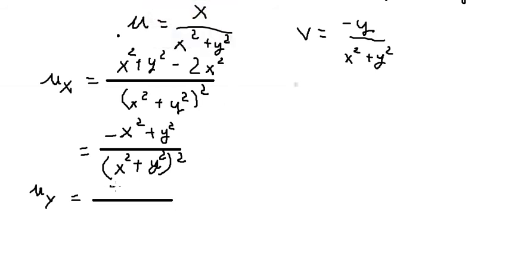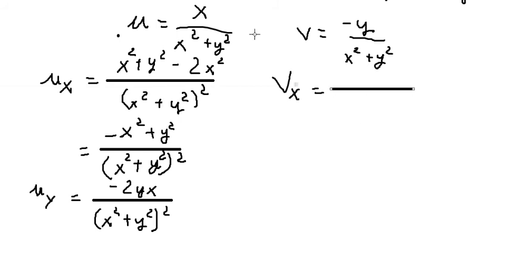So we got negative 2yx. Similar for v, you got positive 2xy.